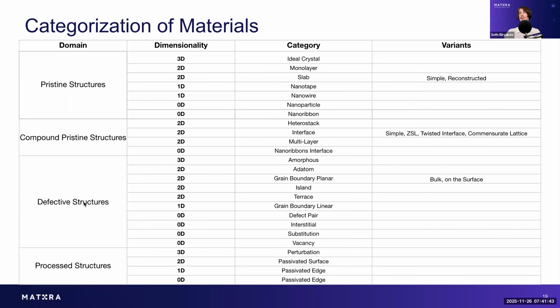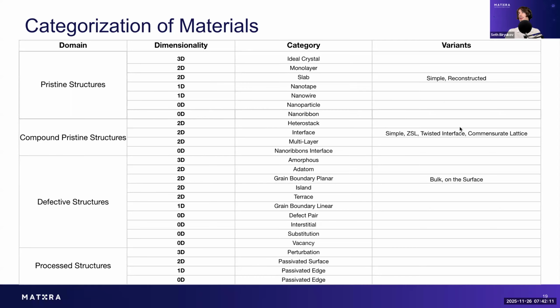Then we have domain of defective structures, which is defects such as interstitial or substitutional point defects. And here we also have the process structures, which is mostly passivated or perturbed structures. Then each domain is divided by dimensionality. And then later you have the final category.